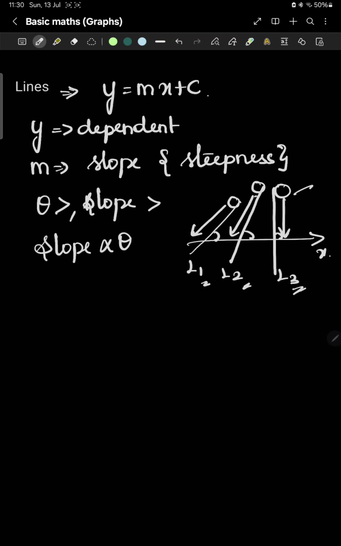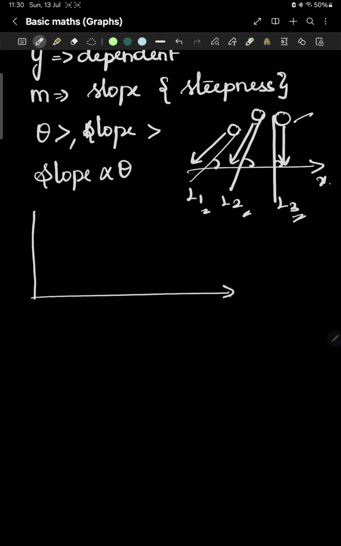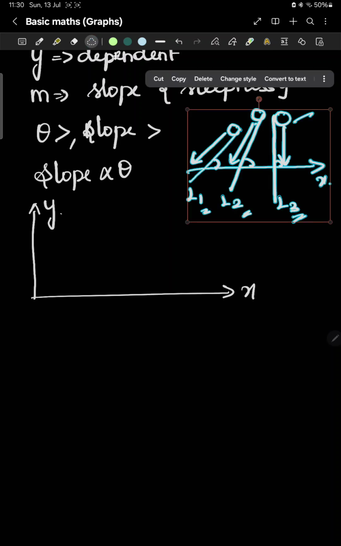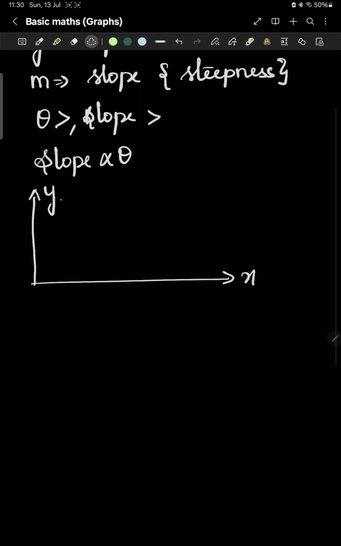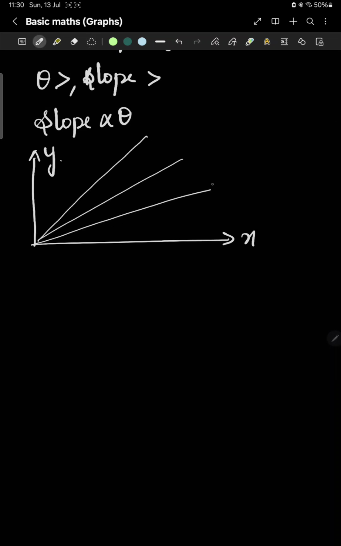Here there are some different types of line we are going to see. Okay, so when I consider an x-axis and y-axis, let us redraw this again. So I will just explain you clearly. If I am having the lines, let us consider line L1, L2 and L3.